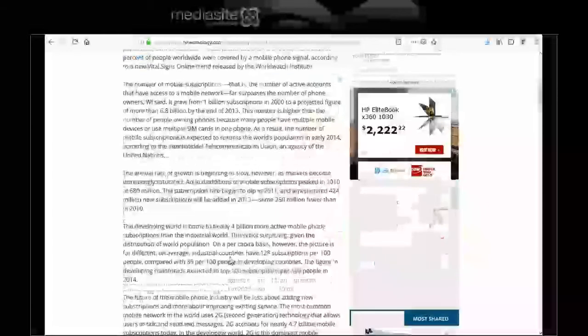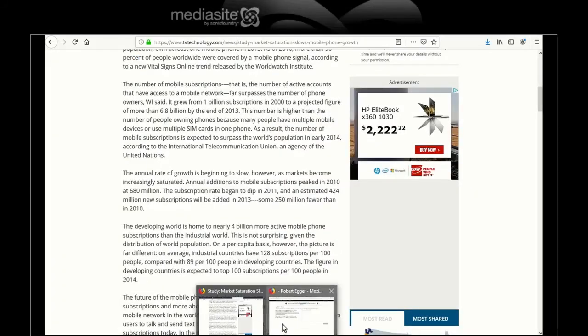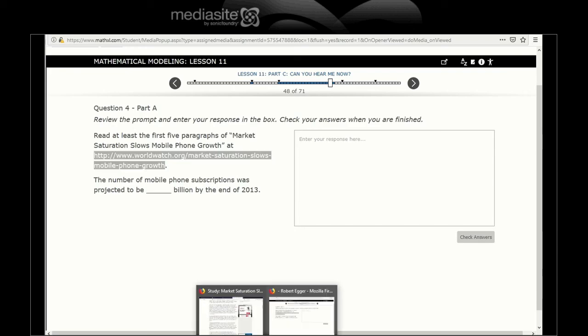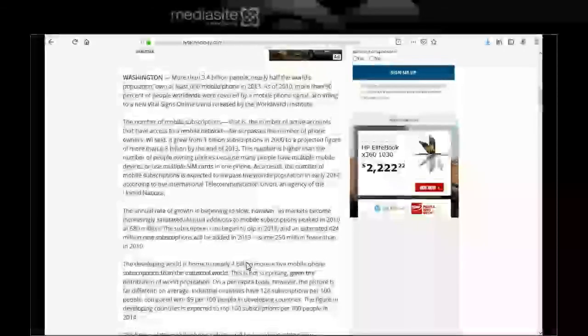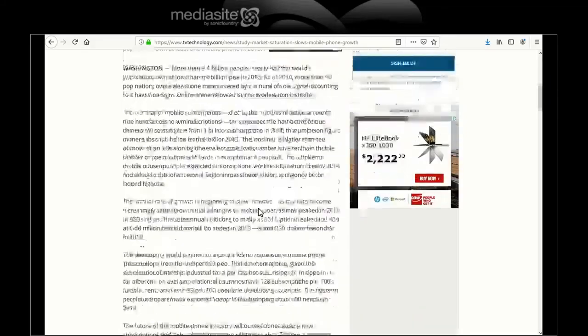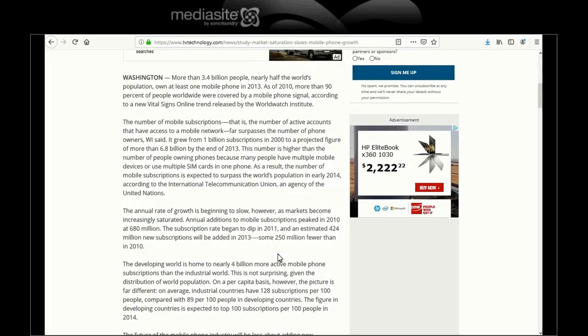So what did they say to do? They say to read the first 5 paragraphs, and what we're trying to find is the number of mobile phone subscriptions projected to be how many billion by the end of 2013. Wrong one. So let's see, 1, 2, 3, 4.